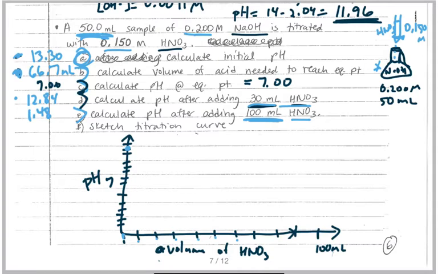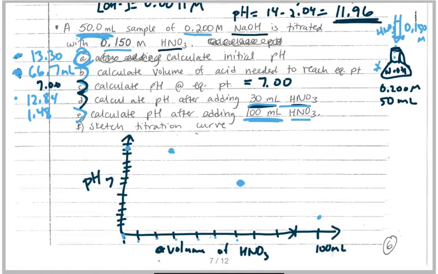So somewhere in here is where we reach the pH of 7, our equivalence point. And then at 100 milliliters, that's part E, I have a pH of 1.48. So something like here. And at 30 milliliters, a pH of 12.84.